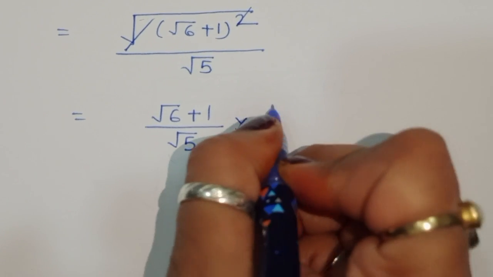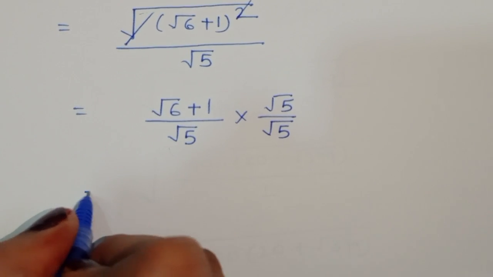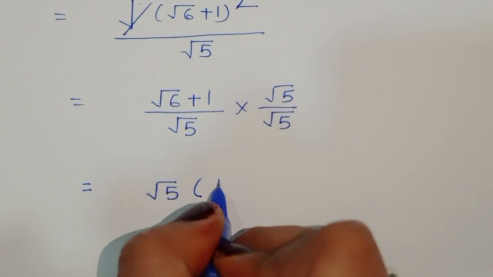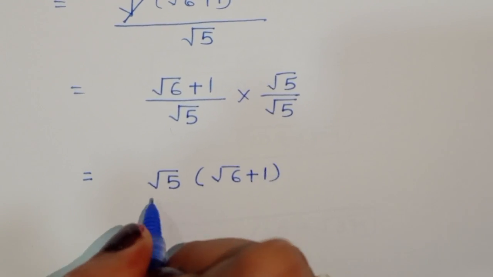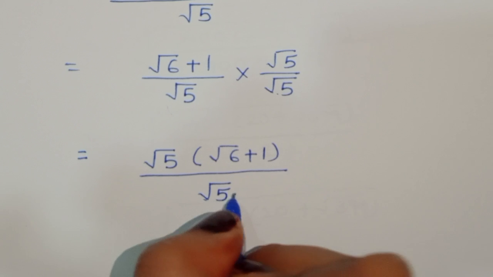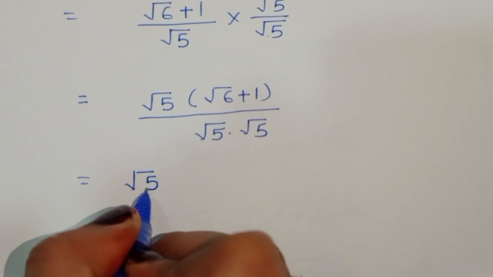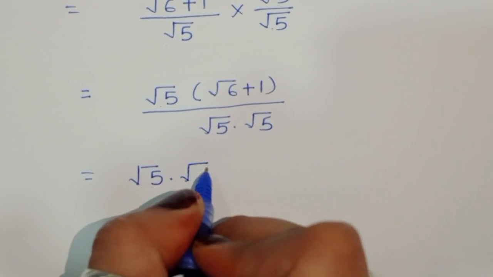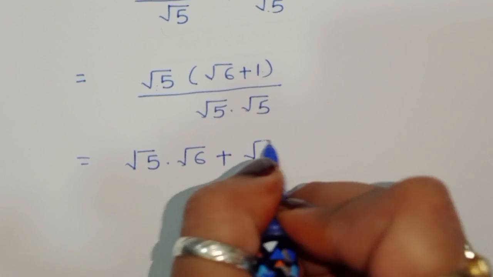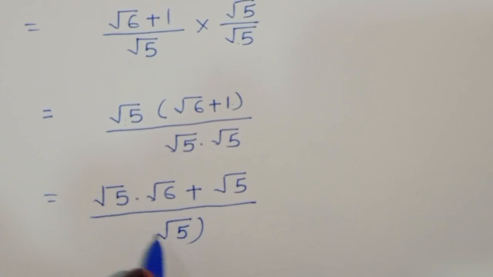Then we get square root of 5 times square root of 6 plus square root of 5 times 1, divided by square root of 5 whole square.